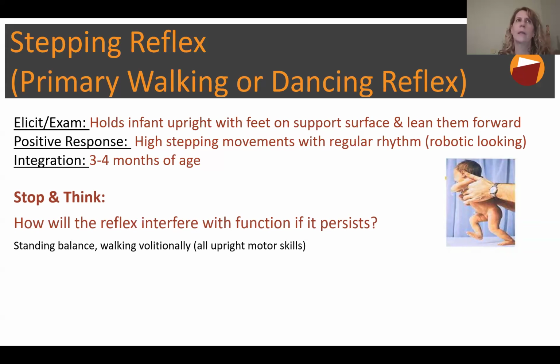So I treated a 12-year-old that had a really strong stepping reflex, and he walked very robotic, real high stepping. He had a lot of issues with balance, and he could not walk alone. He always had to have somebody walking with him. He could walk, but it was dominated by this reflex.